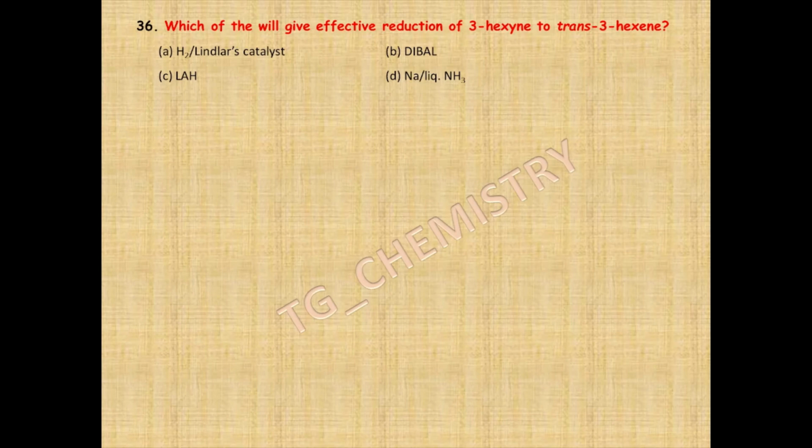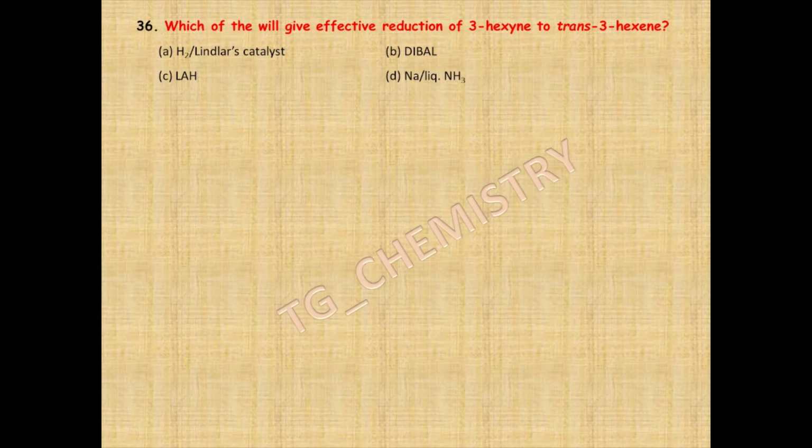Which of the following will give effective reduction of 3-hexyne to trans 3-hexene? If you remember, we have already learned that from alkyne or triple bond, when we are having the cis olefin, we use Lindlar's catalyst.